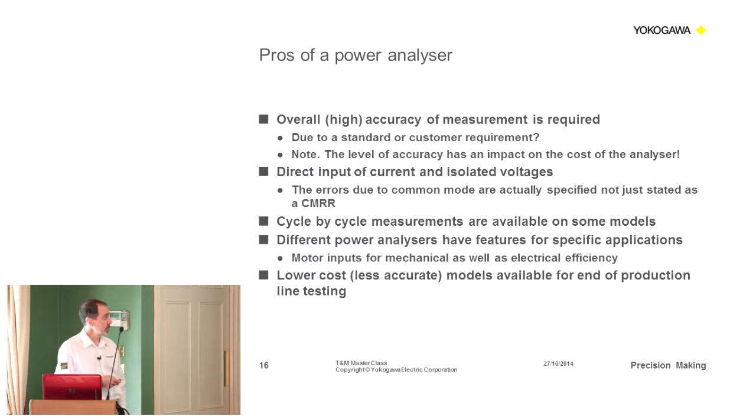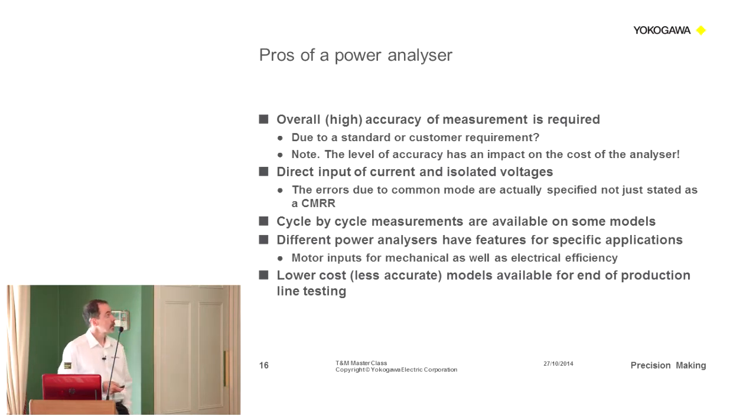The other issue to do with this is common mode errors. You'll see that on an oscilloscope, or an oscilloscope type product, your common mode rejection ratio is normally specified in minus so many dBs. For a power meter, that's not sufficient because you never know what that actually means in practice. So on the specification for a power meter, you'll see what the effect on the measurement error of common mode effects will be, and that is stated within our specifications.